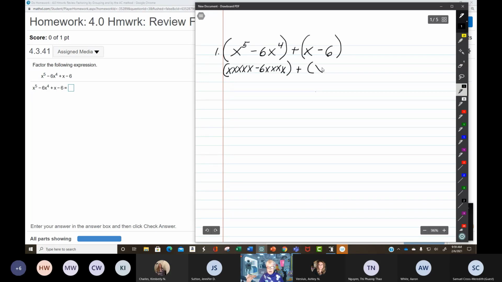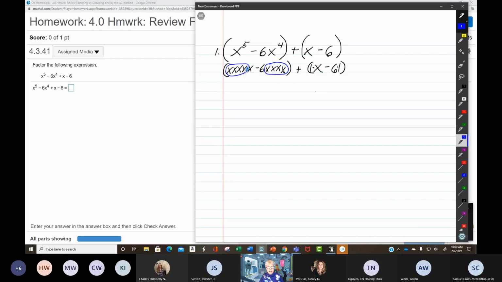In fact, there is no visible GCF to these terms. But is there? Yes, there is. There is always a 1. 1 is your best friend. Okay, so each of these terms in the first set of parentheses has 4 x's.